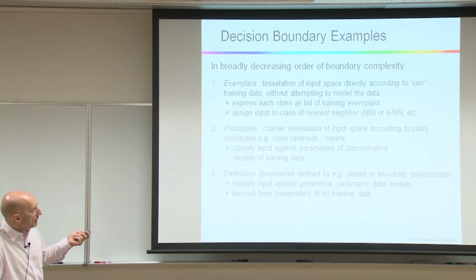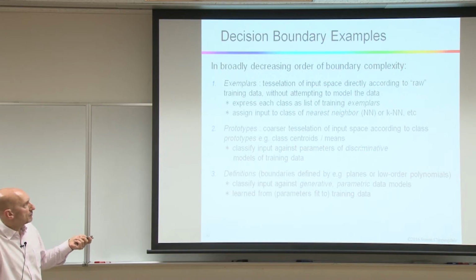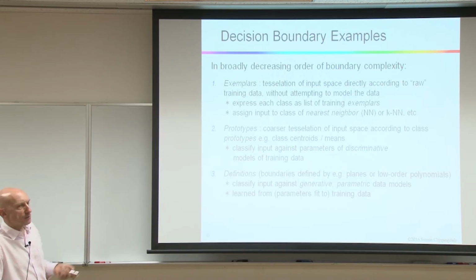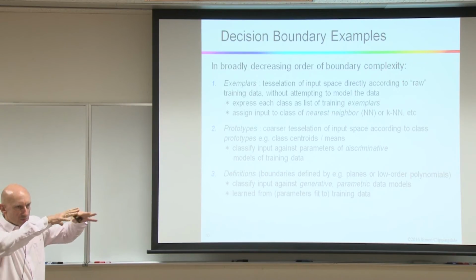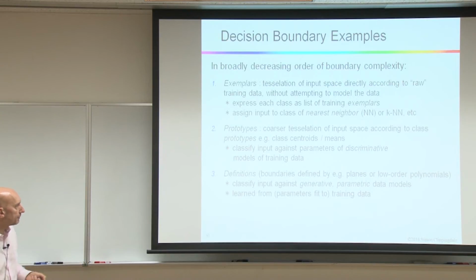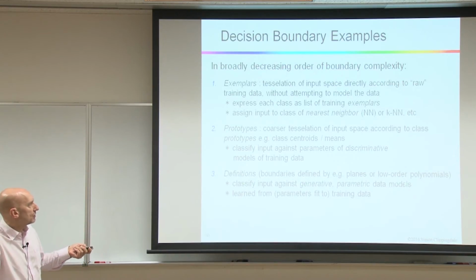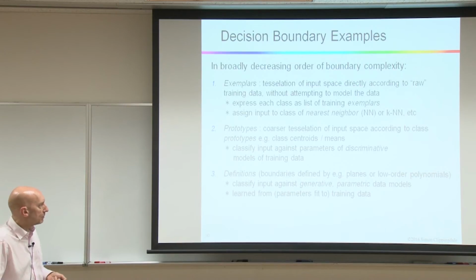Prototypes classify the input against parameters of a discriminative model of the training, for example, modeling each class as centered on its mean with some kind of scatter pattern around it. And the definitions are simple boundaries, things like planes, and classify the input then against parametric data models.